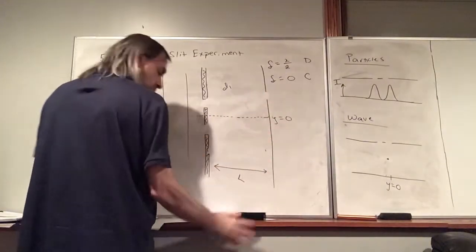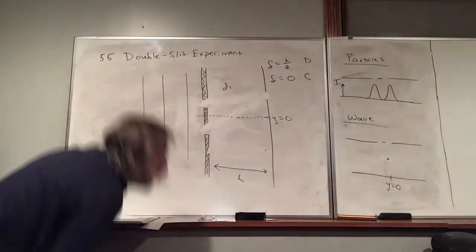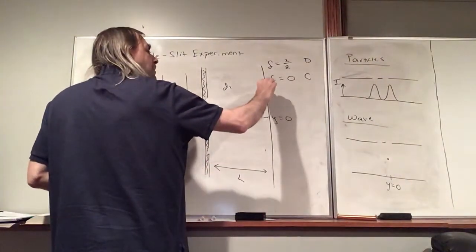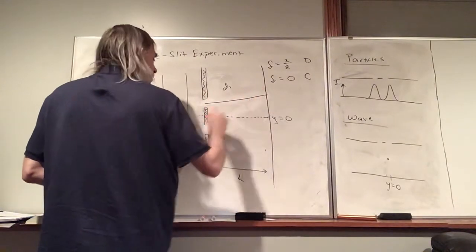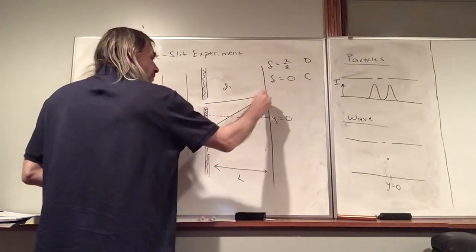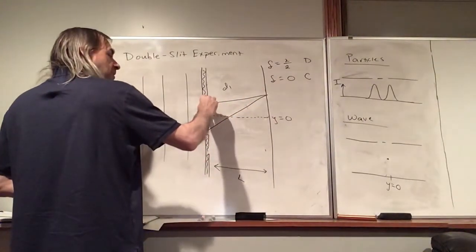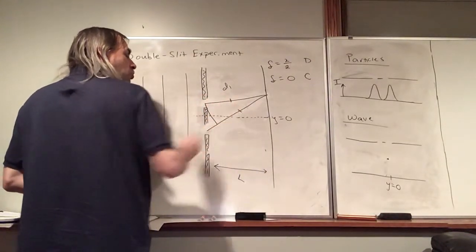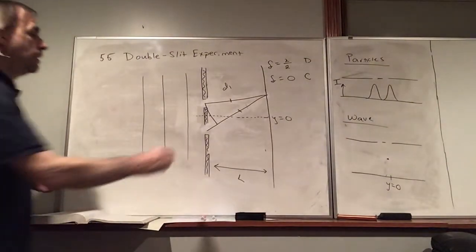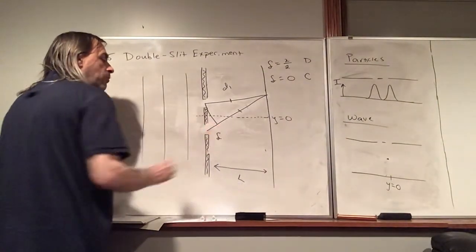Let's just look at some point on the screen. And we mark off a distance here so that these two are the same distance, and that would make this equal to delta.